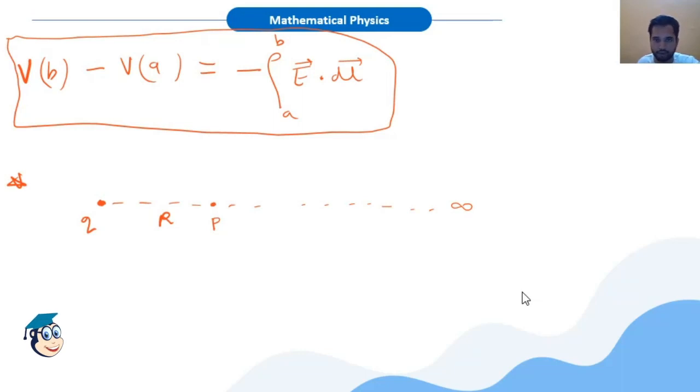So what I have taught you is, for calculating the potential at P, we have to integrate with a negative sign from infinity to r, where r is the position of point P, of E dot dl. And you know, for a point charge, electric field is Q over 4 pi epsilon naught r square, and dl here will become dr.